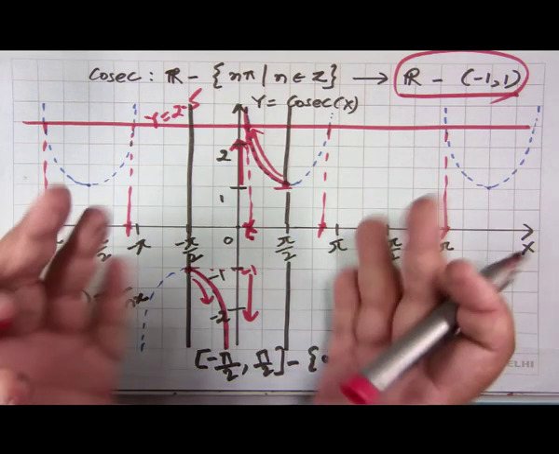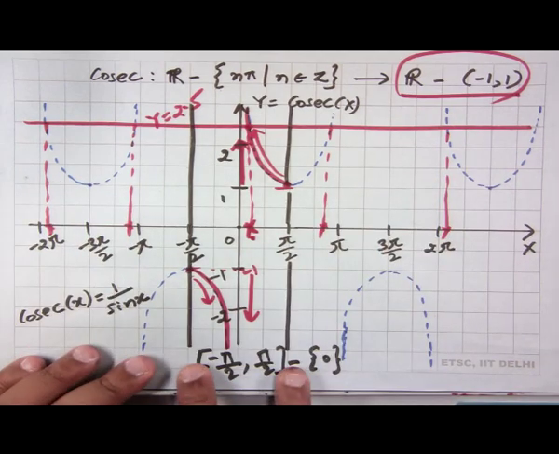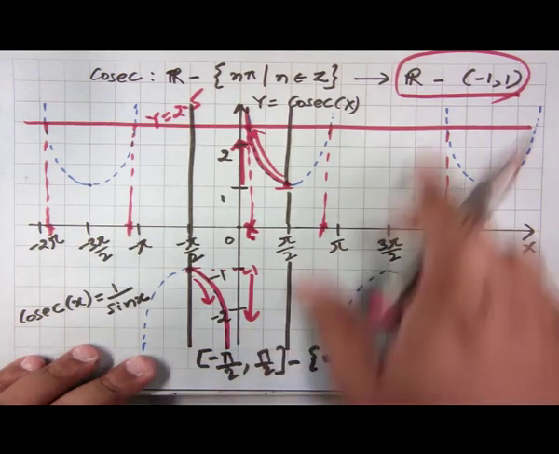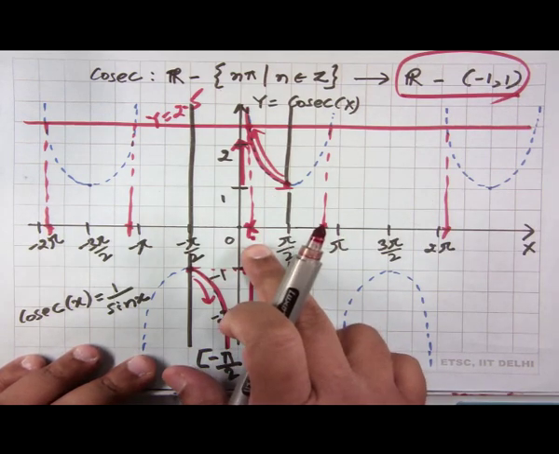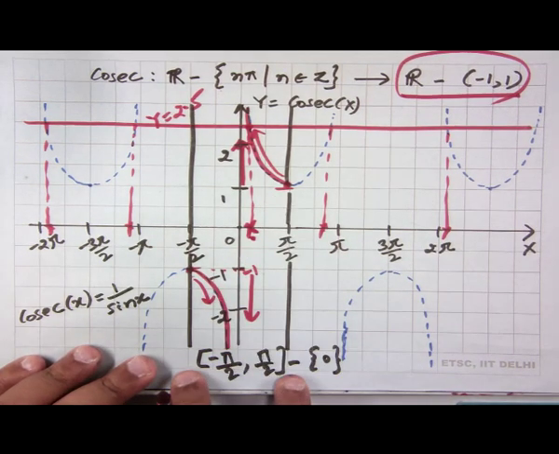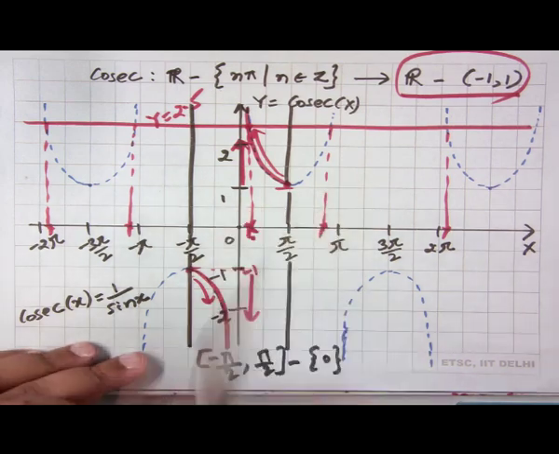But when we restrict the domain to this interval, we see that for any value of y in this range, there will always be a unique x in the restricted domain, such that cosecant of that x will be equal to that value of y.